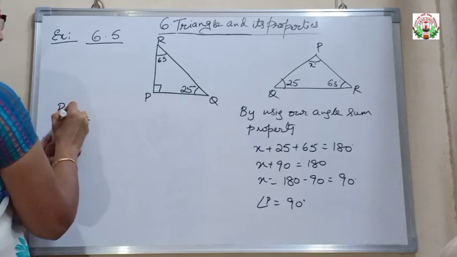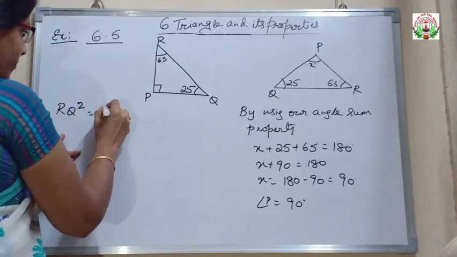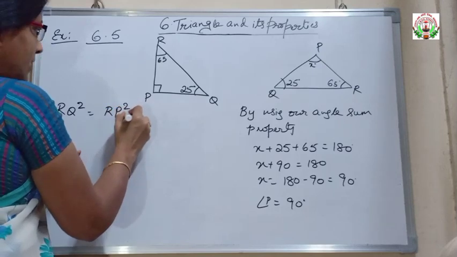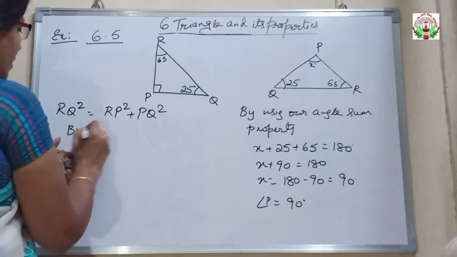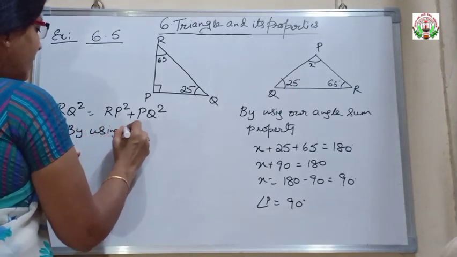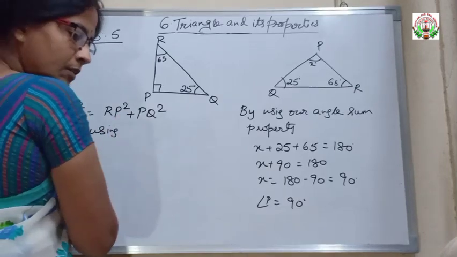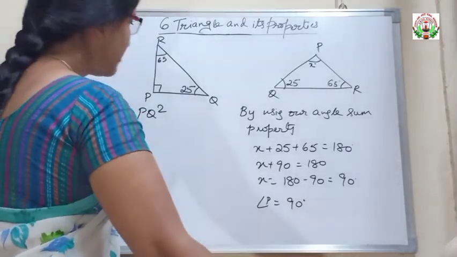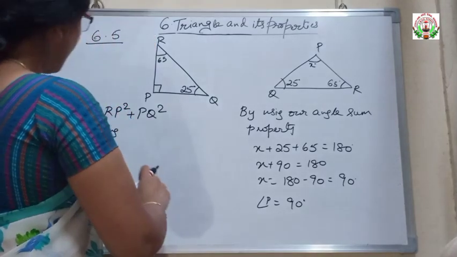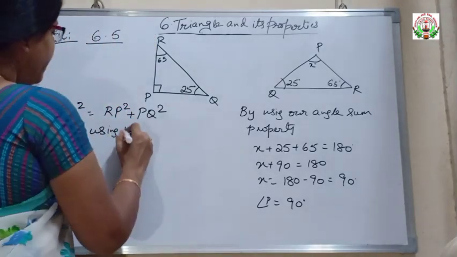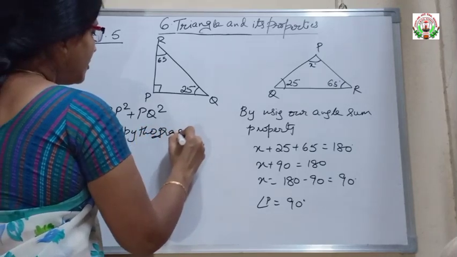So RQ square is equal to RP square plus PQ square by using Pythagoras theorem.